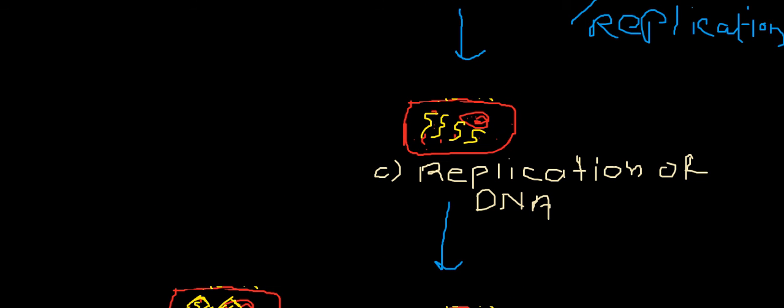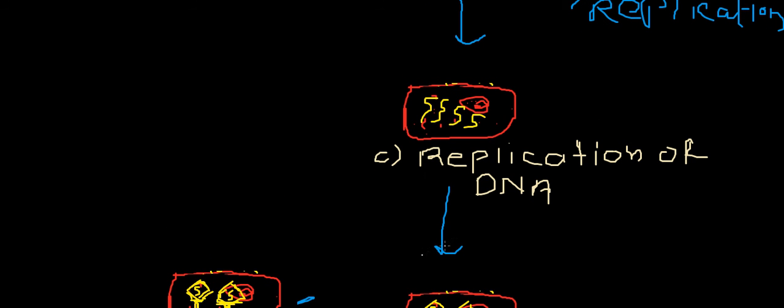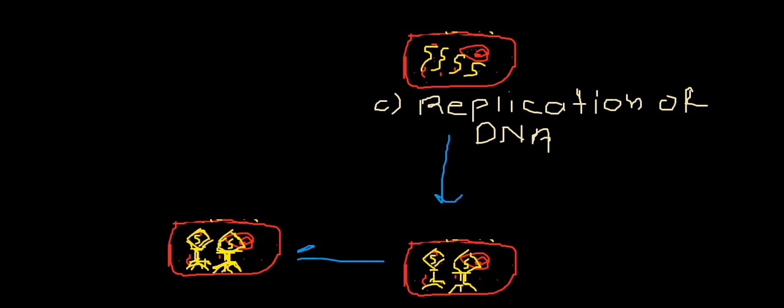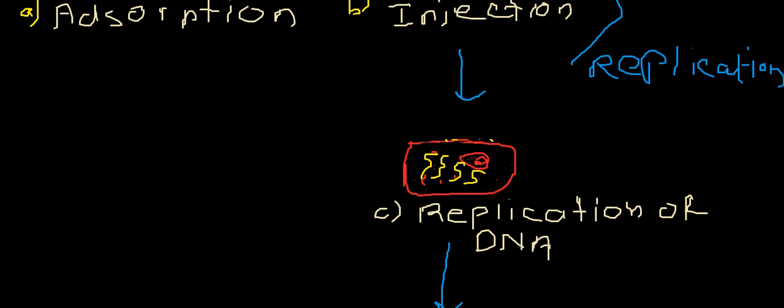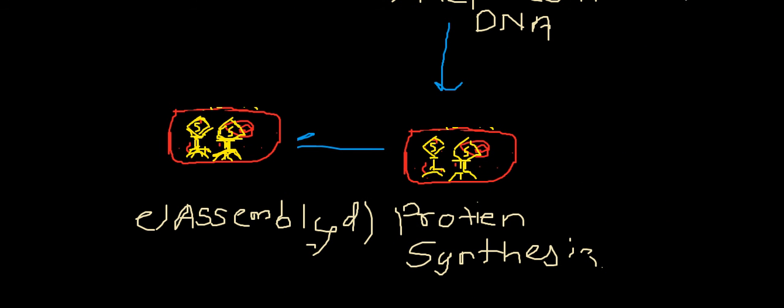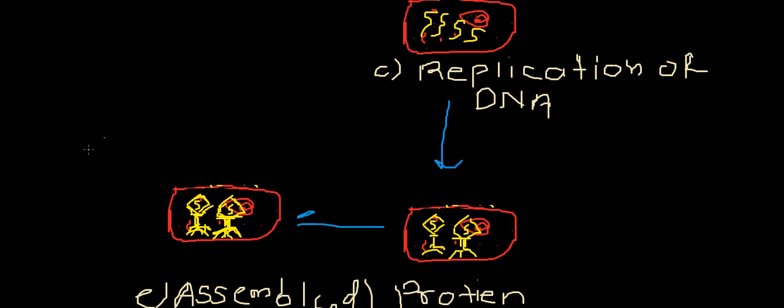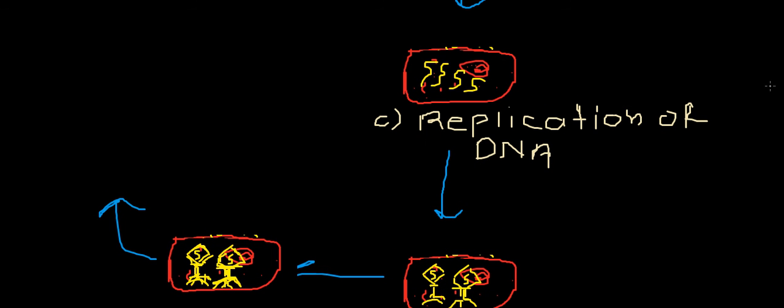Now it has completely grown, and it will say, hey, I will not stay for a longer time here. Instead, I will go out and infect some other cells that can get infected. It's not at all a stable thing. So it will now break open the bacterial cell.